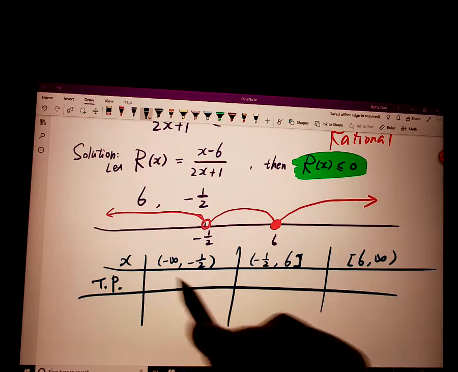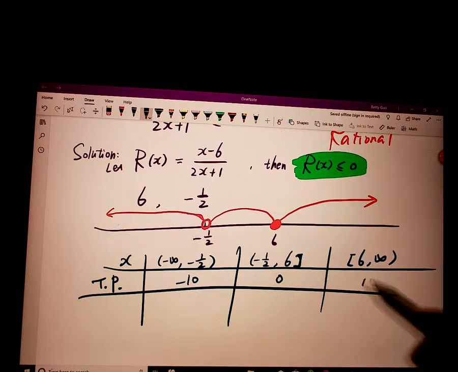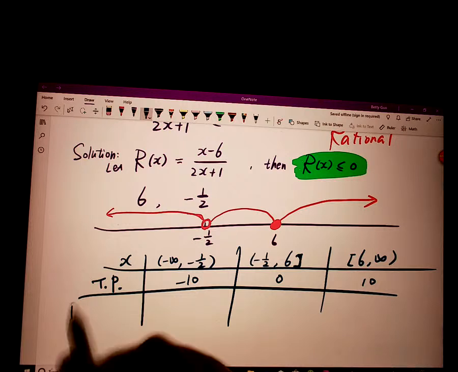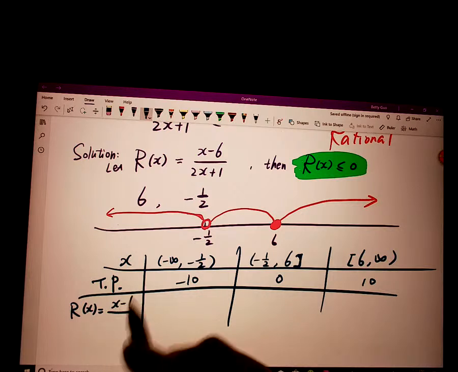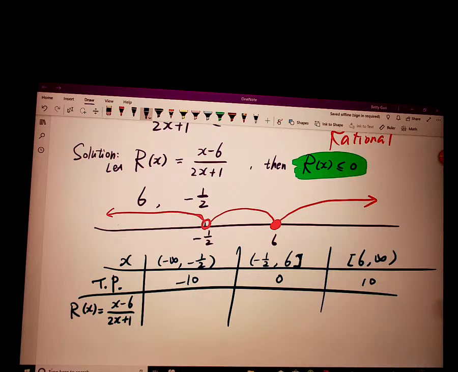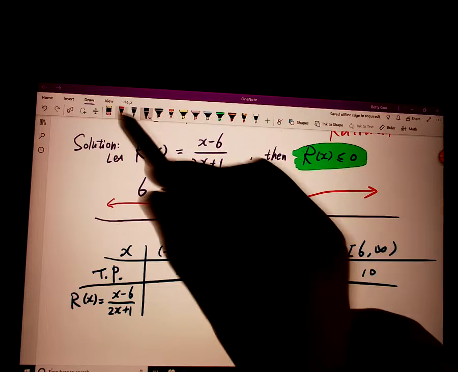Here I'm going to try negative 10, here I'm going to try 0, and here I'm going to try positive 10. And row 3, R of x, the rational function. The numerator is x minus 6, the denominator is 2x plus 1. We are going to look at the sign of R of x at those testing points.